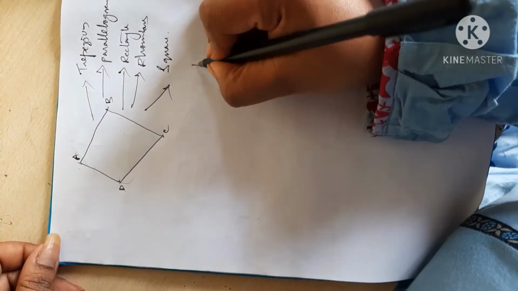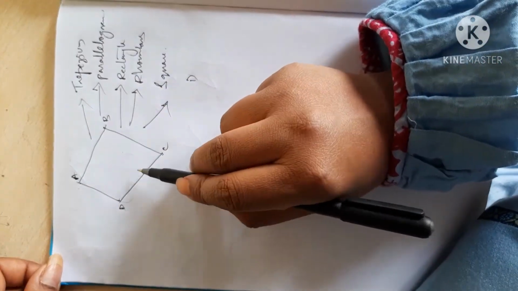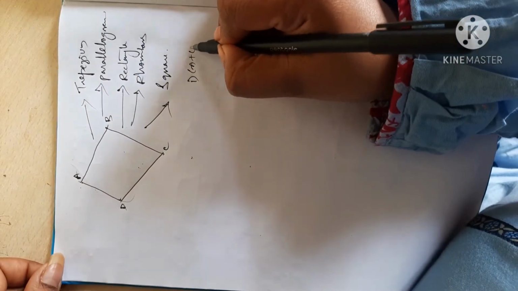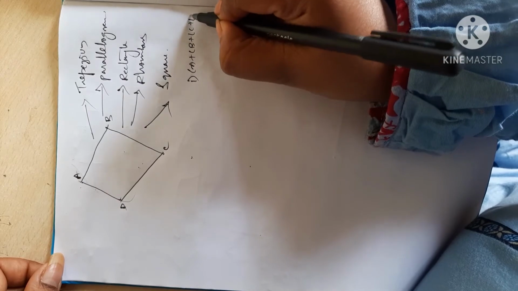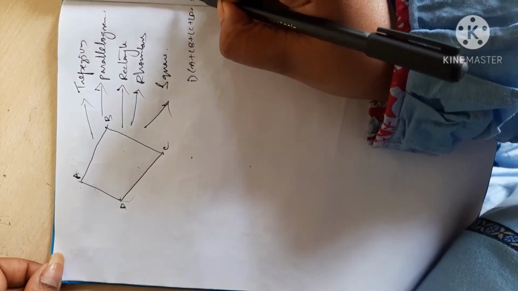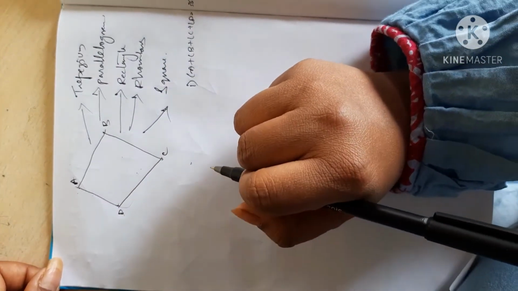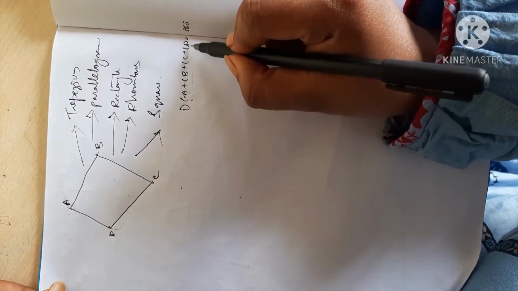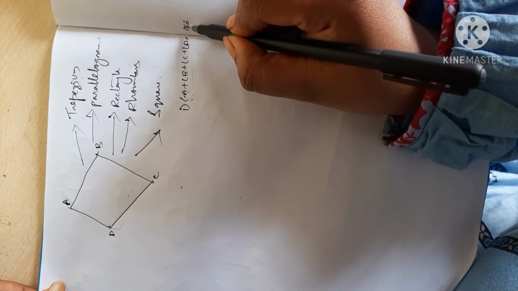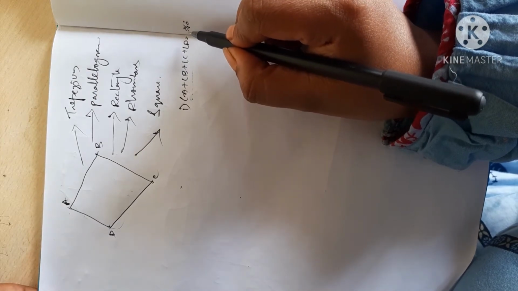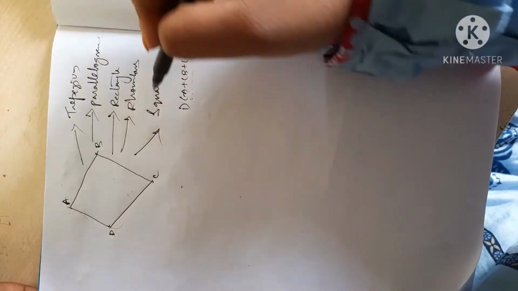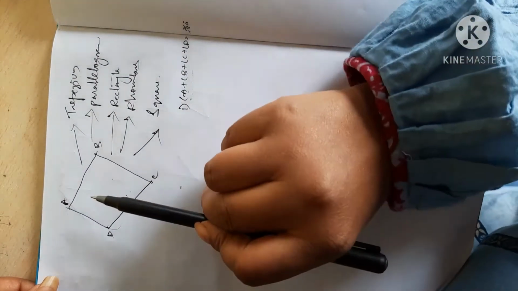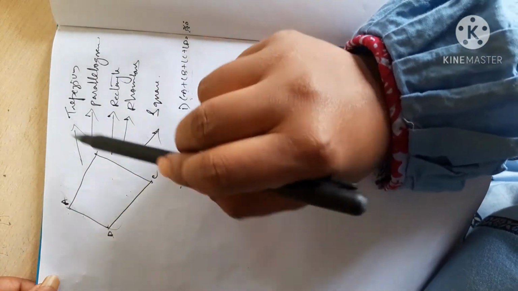The basic property of a quadrilateral I'm talking about: the sum of all the angles is equal to 360 degrees. Okay. Next type is, see this property, sum of all the angles is equal to 360 degrees, is applicable to all these types of quadrilaterals, because these are the family of a quadrilateral.